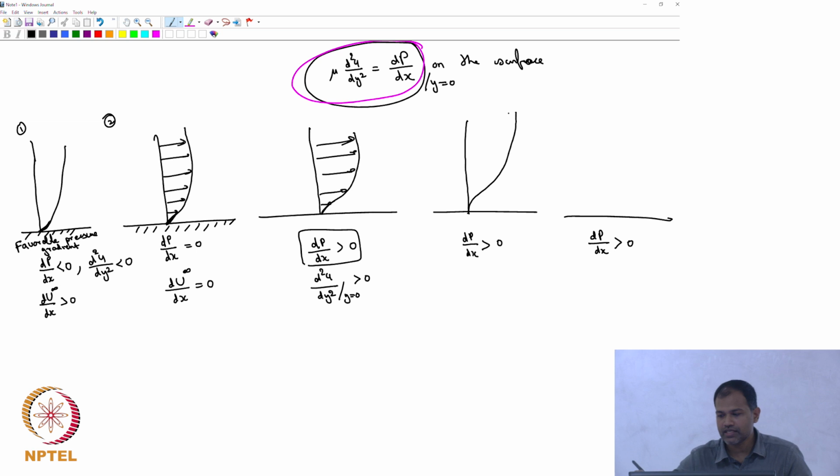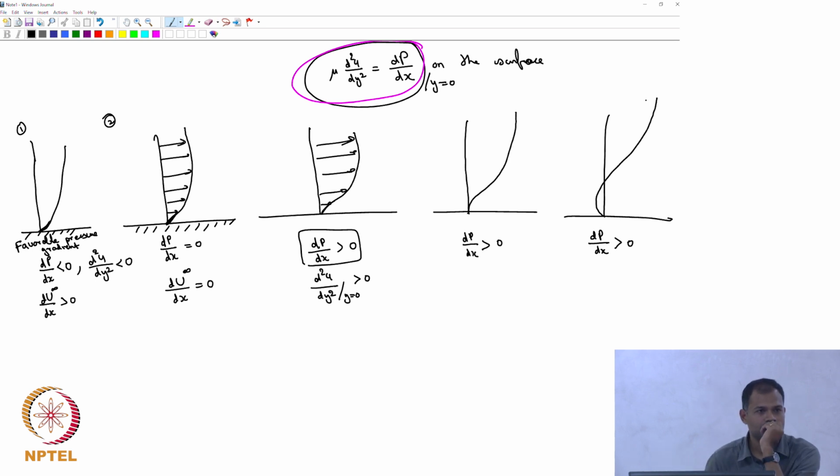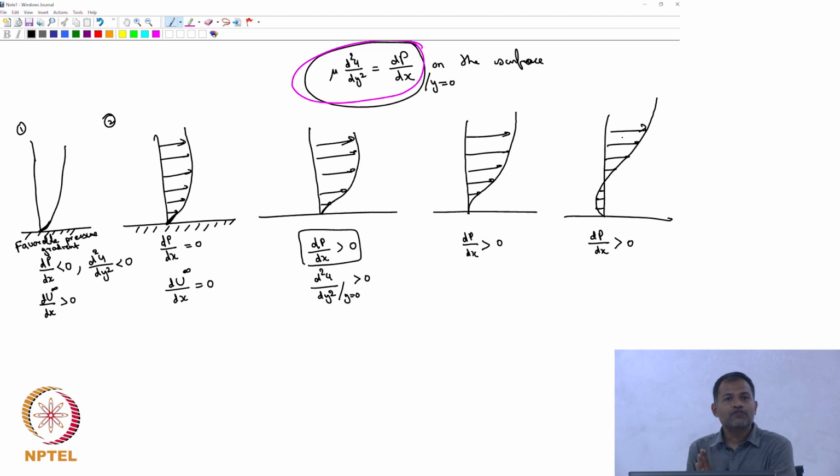If dp by dx is much larger, it would even bulge more and it would actually do that inside the boundary layer. I am drawing my u velocity. What does the last figure tell? That on the wall, the flow is actually in the opposite direction.